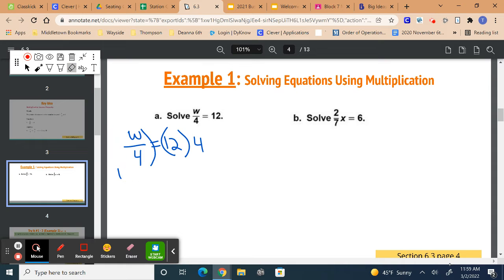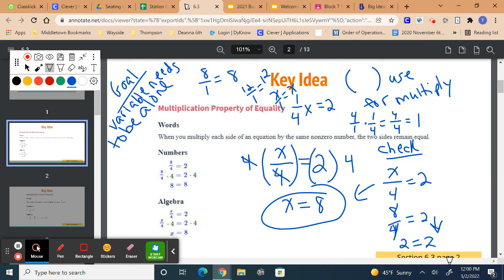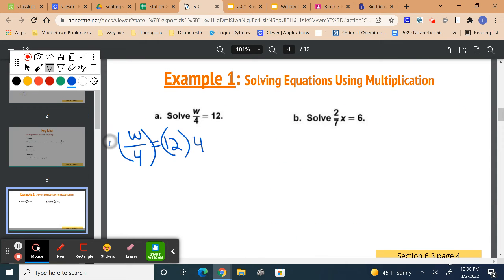I know in the previous problem, I did all this work doing the 4 over 1 to show you the 1. You do not have to do that. You should now know that these just cross out. Does that make sense? Okay. You know that this now represents just W, correct? Yes.